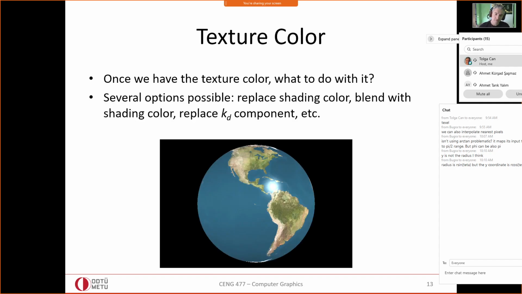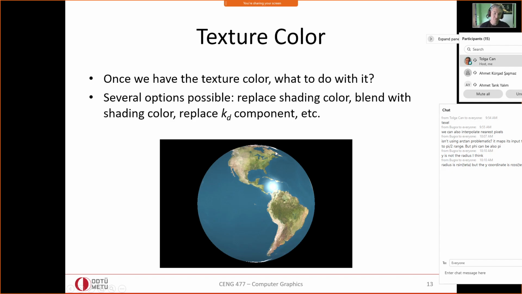And the texture color, we may either directly use it. In this case we still have the specular as usual, but this is the version in which texture color immediately replaces the diffuse color. So there are several options. We may replace the entire shading color, even with no specular like this.